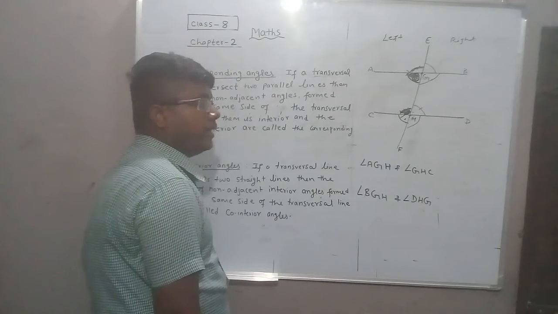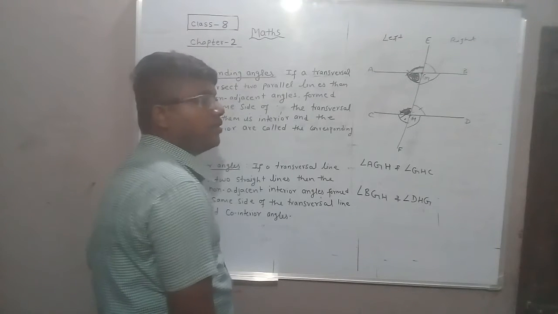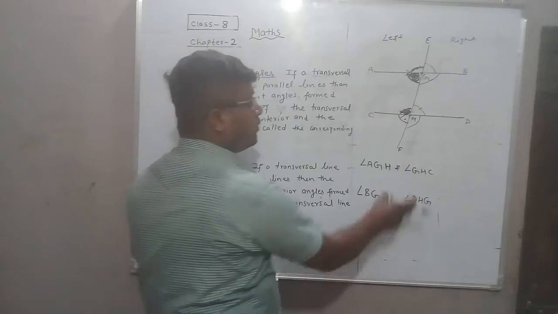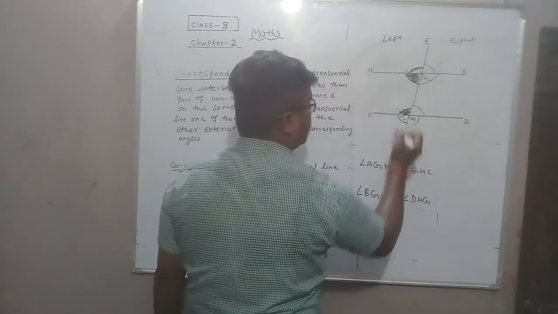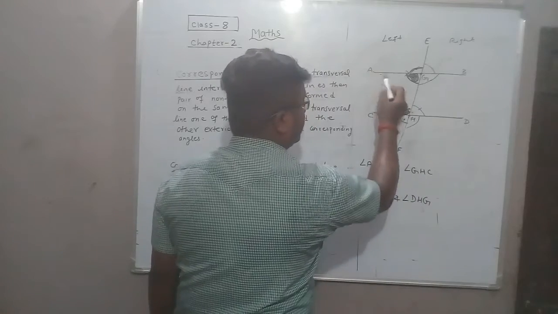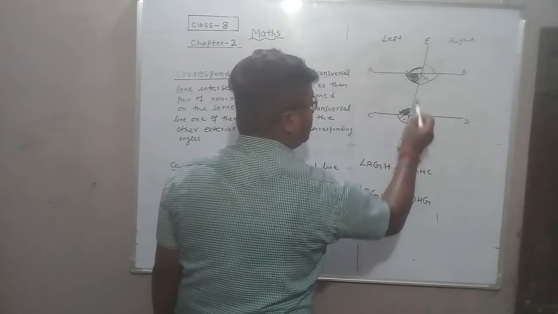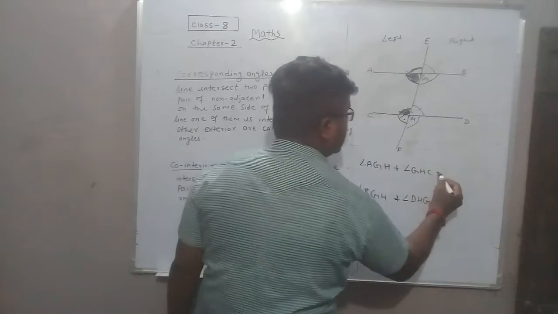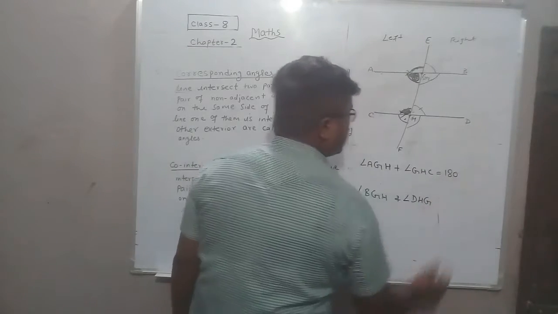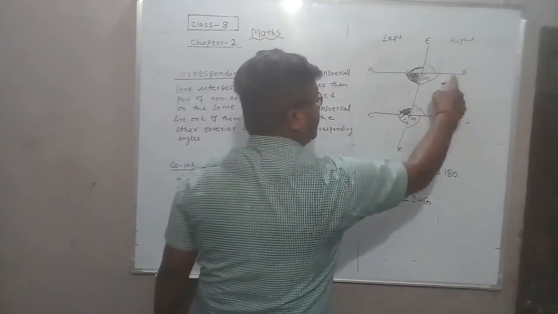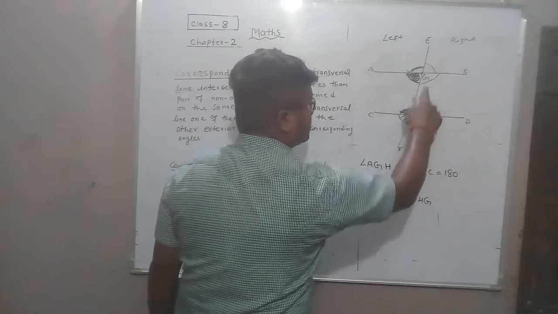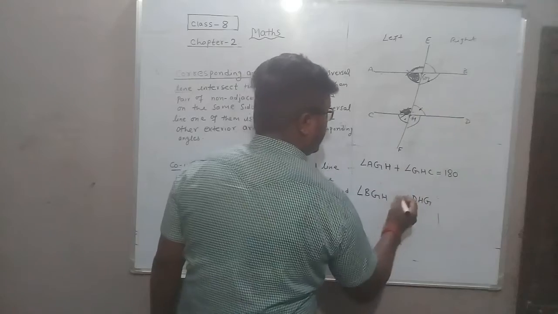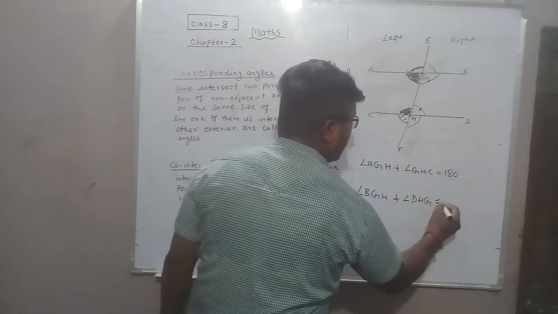And one more important thing about the co-interior angle is that the sum of co-interior angles is always 180 degrees. Means if we add these two angles, AGH and GHC, it must be equal to 180 degrees. Similarly, BGH and DHG, these two angles, their sum must be 180 degrees.